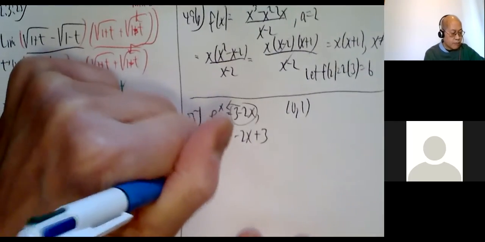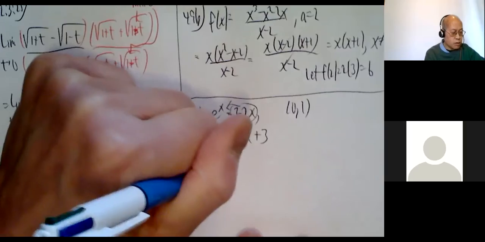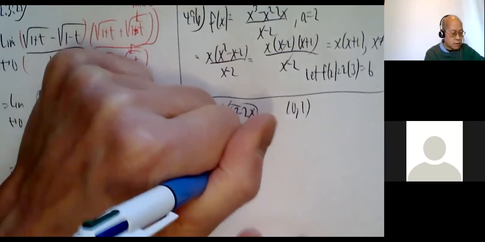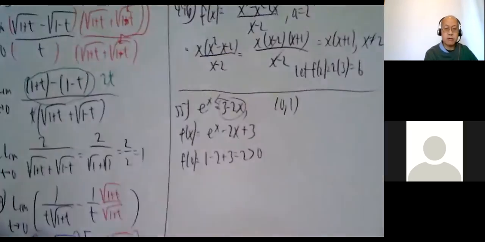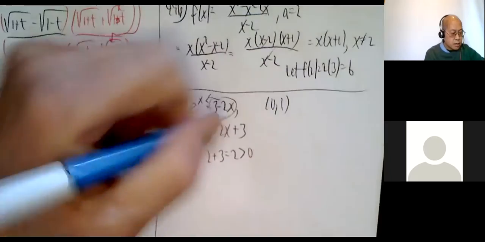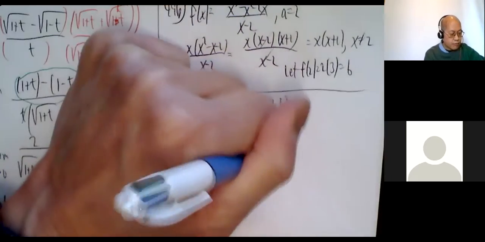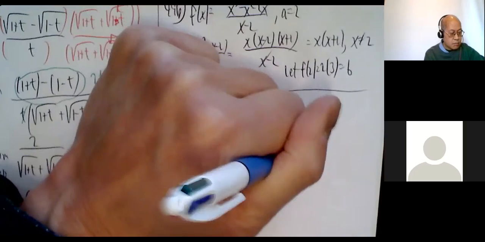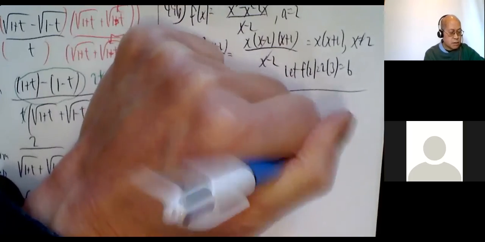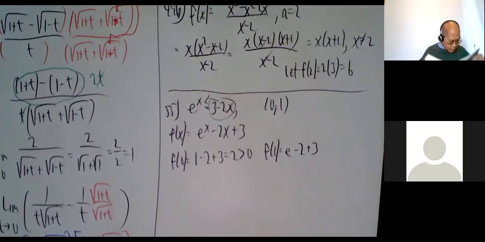Okay, f of 0 is e to the 0 is 1 minus 2 plus 3, which is 2. That's greater than 0. And let's see. f of 1 is e minus 2 plus 3. And that doesn't seem to work.